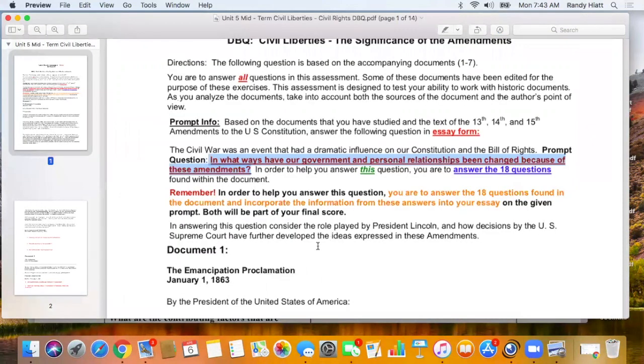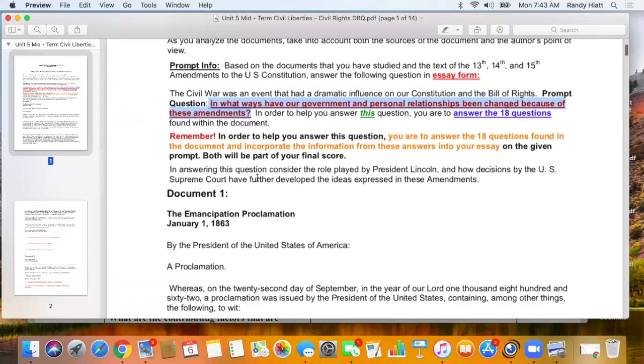All right, in order to answer this question, you are to answer the 18 questions found in this document. Remember, you are to answer the 18 questions found in the document and incorporate the information from these into your essay on the given prompt.